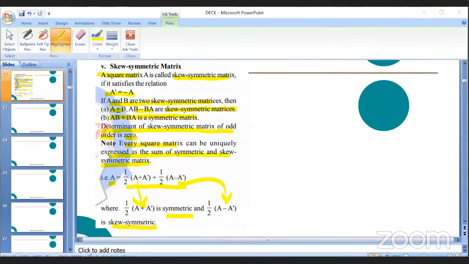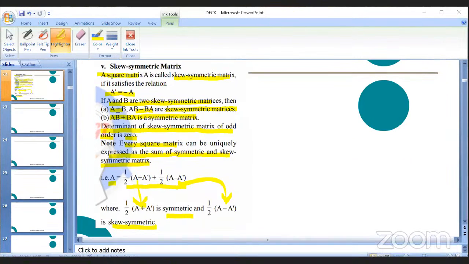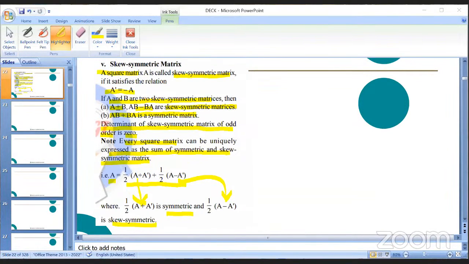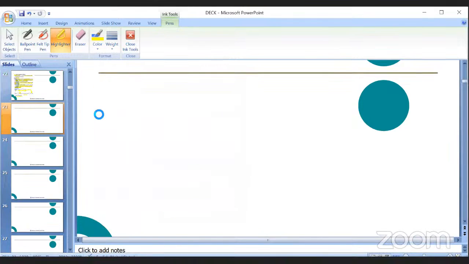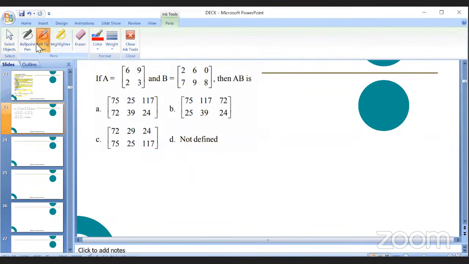Now I will give you one problem, you try. Multiplication problem. Try this and tell me the answer. Because for a long time I was explaining, just listening will be boring.